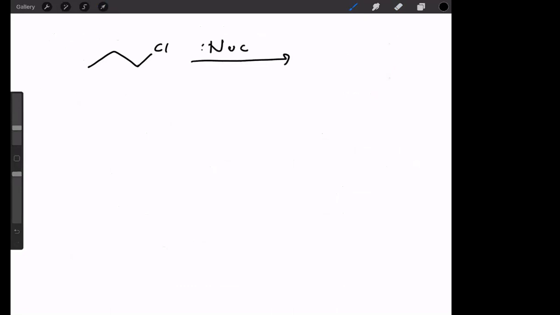We're going to talk a little bit more about what makes a good nucleophile. And the chlorine, or the halogen, gets substituted for the nucleophile. This is essentially what a substitution reaction is, and whether this happens bimolecularly or unimolecularly determines whether it's Sn2 or Sn1.